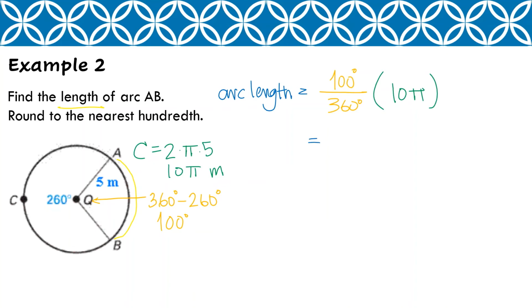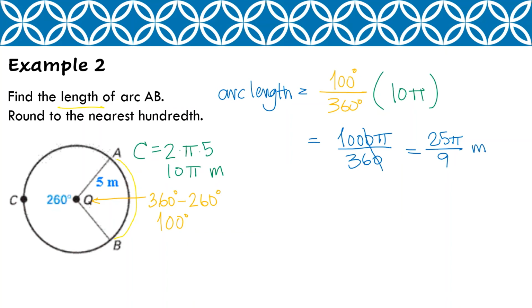I've got 1,000 pi over 360. I can divide by 10. Both can be divided by 4. An exact arc length would be 25 pi over 9 meters.